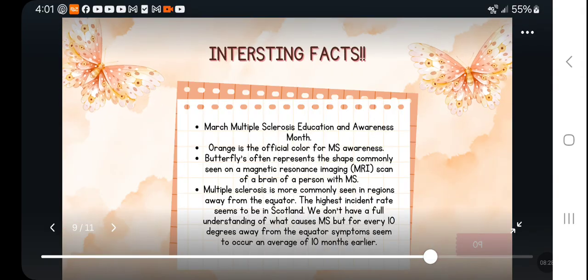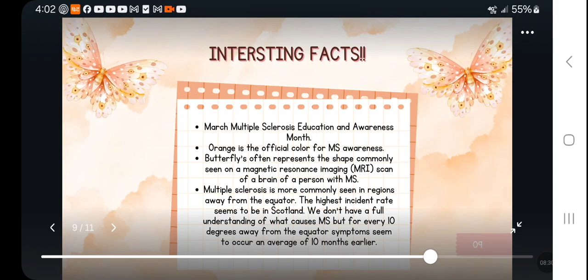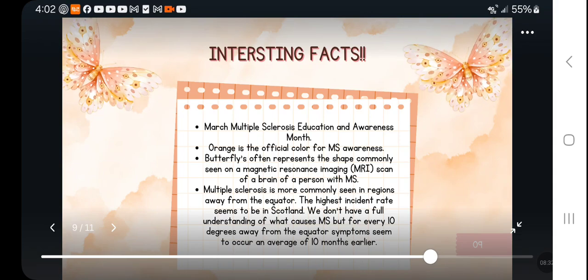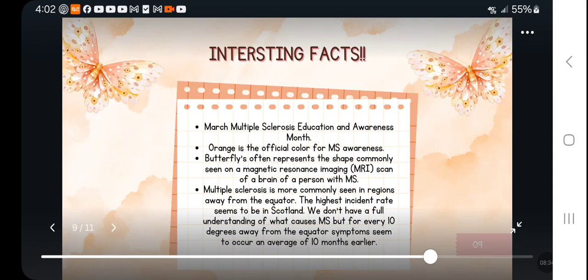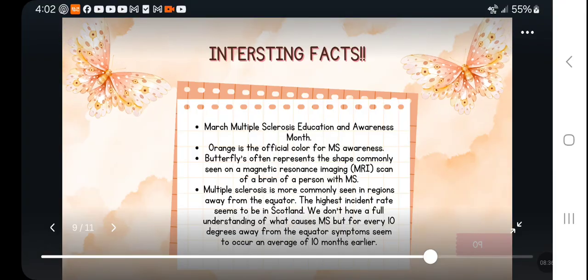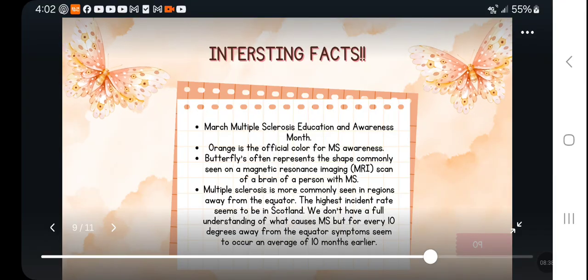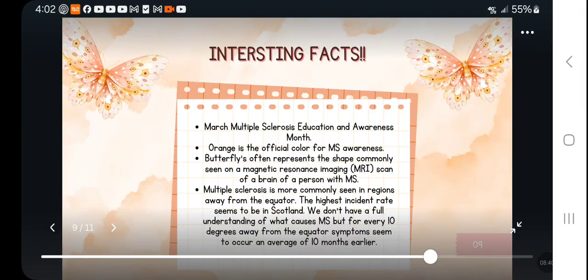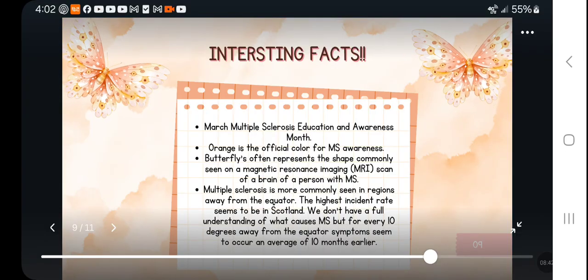Next are some interesting facts about multiple sclerosis. March is Multiple Sclerosis Education and Awareness Month, which is my birthday month, if anybody cares. Orange is the official color for MS awareness.